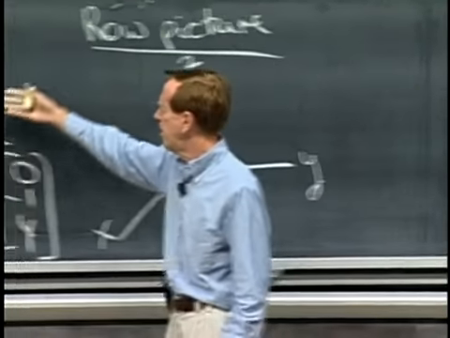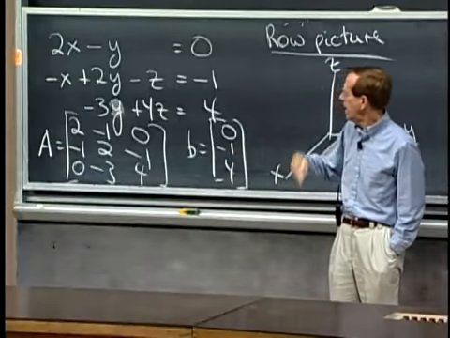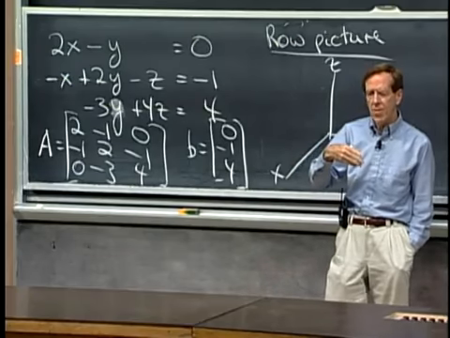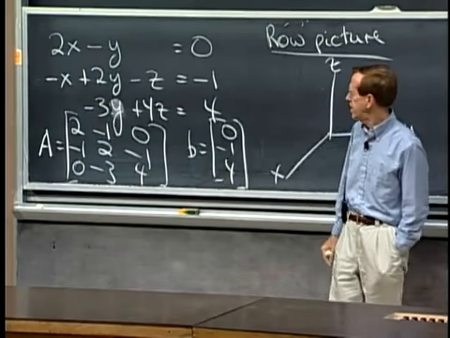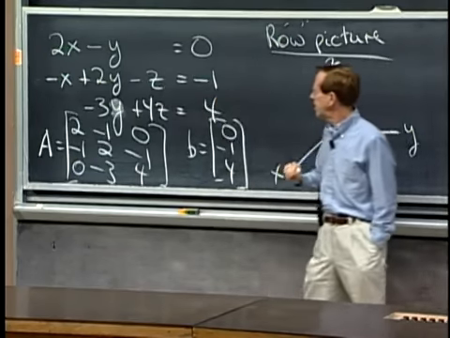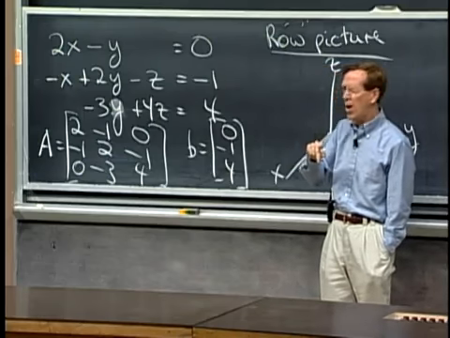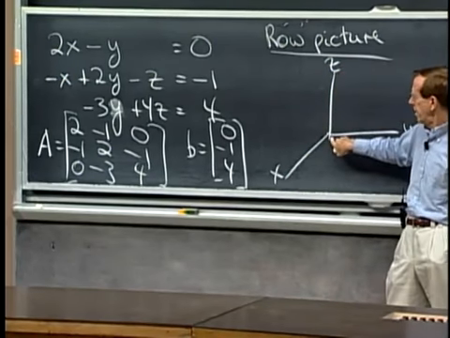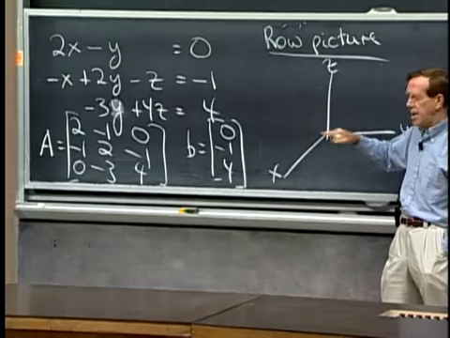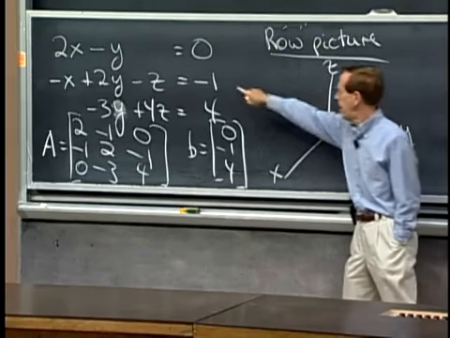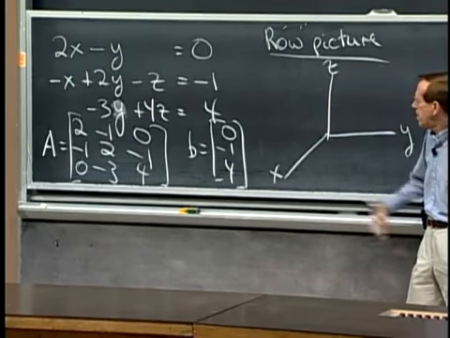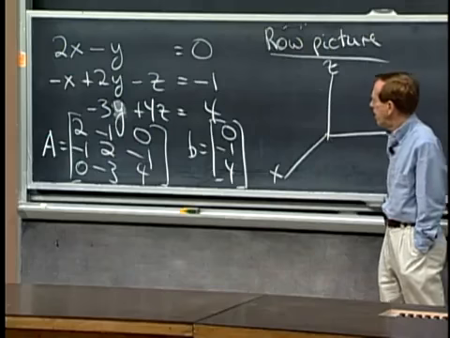Let's take equation number 2. If I make a picture of all the points that satisfy, all the x, y, z points that solve this equation, well, first of all, the origin is not one of them. X, y, z being 0, 0, 0 would not solve that equation. So what are some points that do solve the equation?